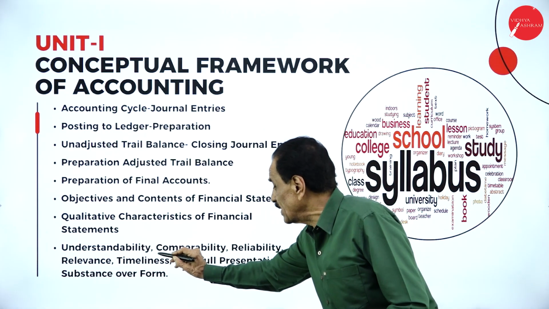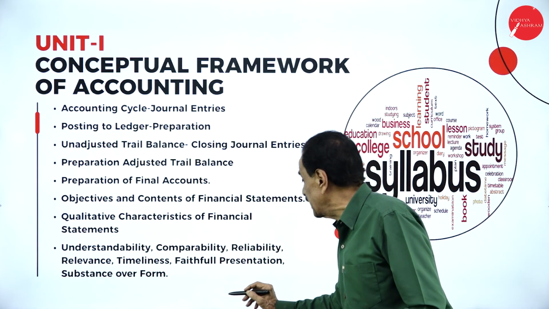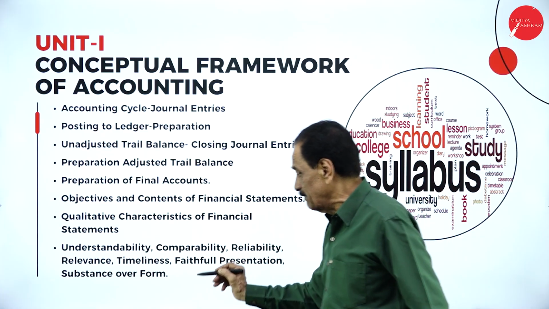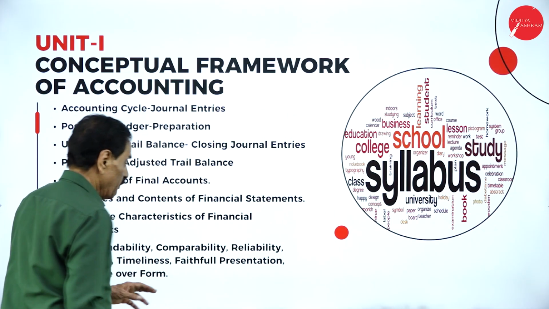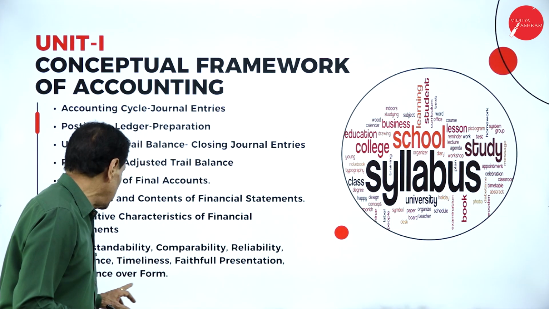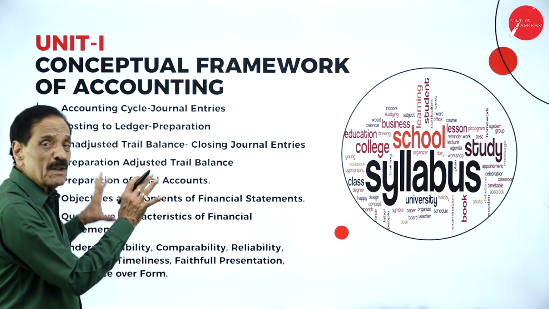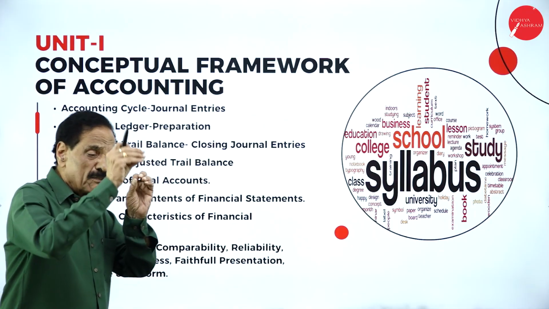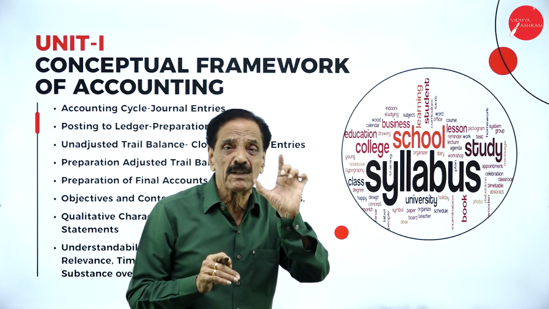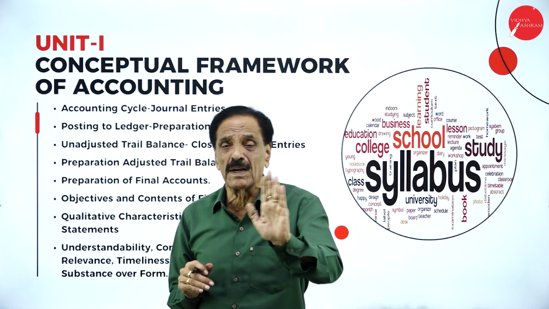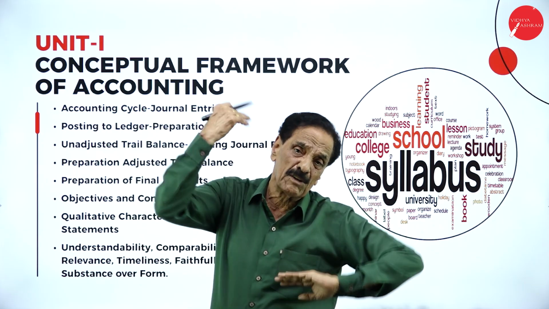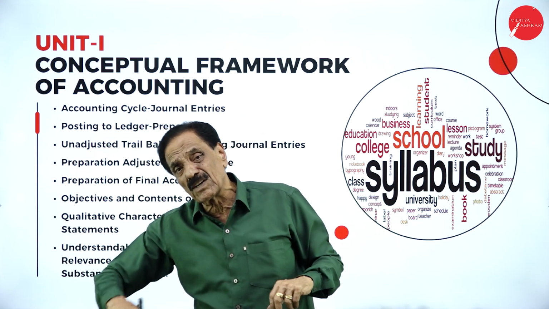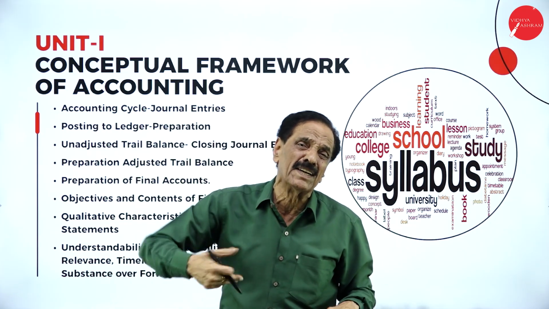Then understandability, comparability, reliability, relevance, timeliness, faithful presentation, substance over form. All these will be put into the first semester. We are going to explain just a bit, point by point, each point, so that it will help for the second semester. When you come to the third semester, we go into it very, very much in detail.